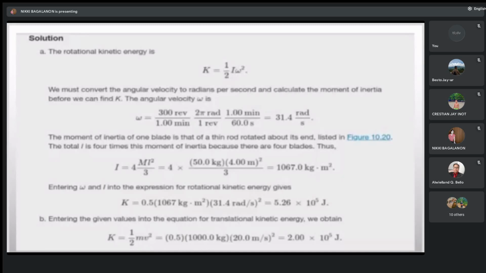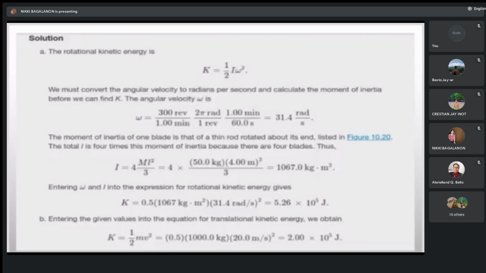The moment of inertia of one blade is that of a thin rod rotated about its end. So it is listed in figure 10. 4 times 50.0 kilogram 4 meter squared divided by 3 equals 1,067 kilogram meter squared.